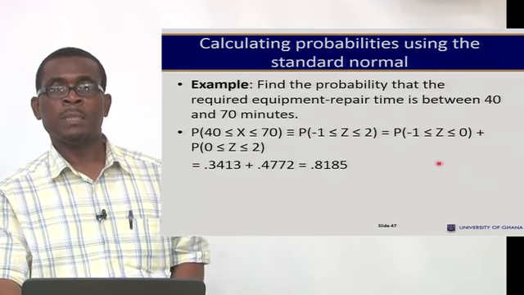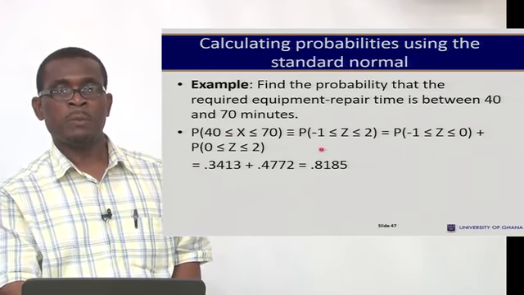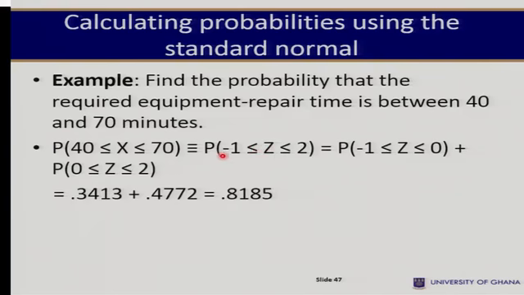And then this is another example. Now this example, when you convert to the Z, it's between minus 1 and 2. But you can break it down into two: between minus 1 and 0, and then between 0 and 2. So between minus 1 and 0 is the same thing as between 0 and 1, which we got earlier as 0.3413.